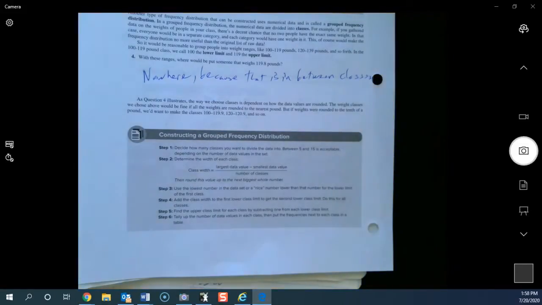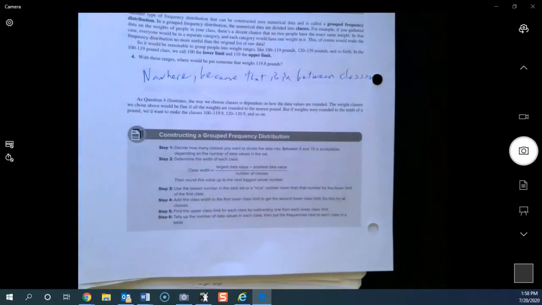All right, now determine the width of the class. Now the class width is the largest data value minus the smallest data value divided by the number of classes. Now we'll get to that. Then it says, then round this value up to the next biggest whole number.